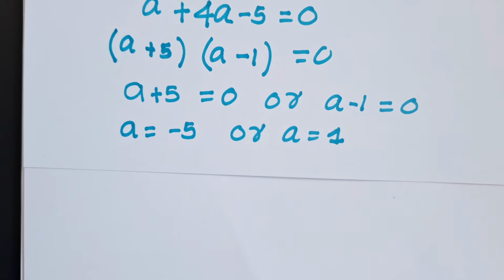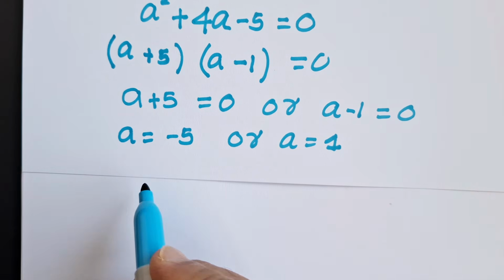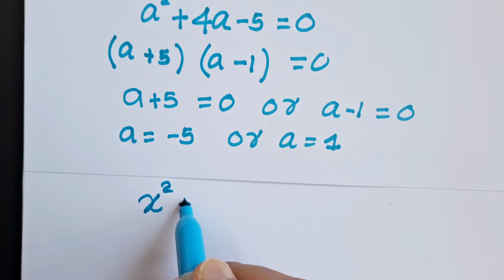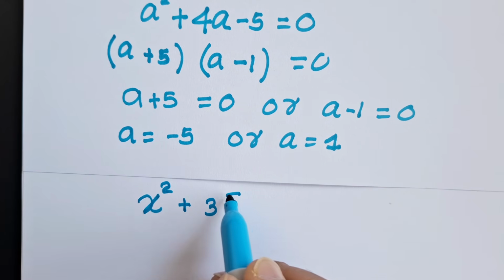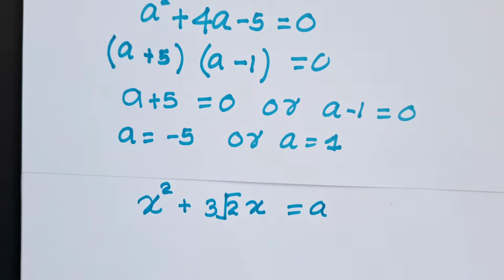Now I have solved the quadratic equation for a and we have answers for a now, but our final goal is to find the answers for x. So remember that our initial substitution is x squared plus 3 times square root of 2 times x is equal to a.